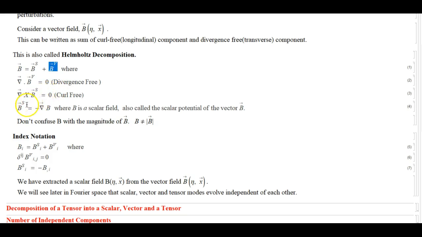So do we need to worry about this constraint, because we have written this constraint in the index notation? Should we worry about this constraint also in the index notation? The answer is no, because once we have extracted scalar B from this B_S, we will not be writing our perturbations in terms of B_S, but in terms of the scalar field B. So we don't need to worry about this constraint, but we will worry about this constraint.